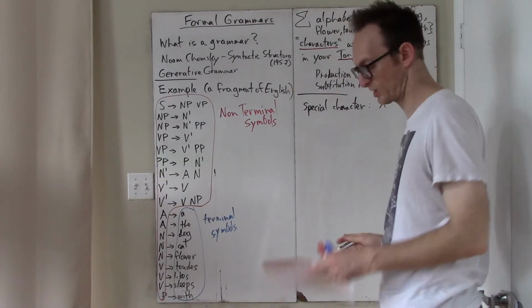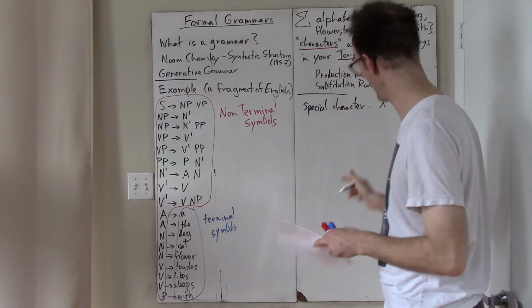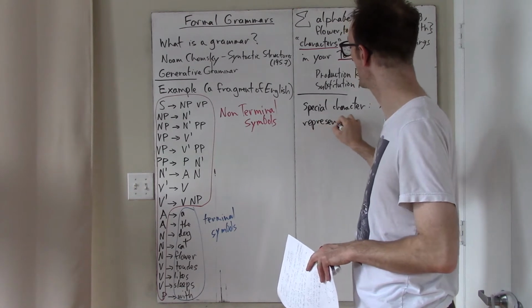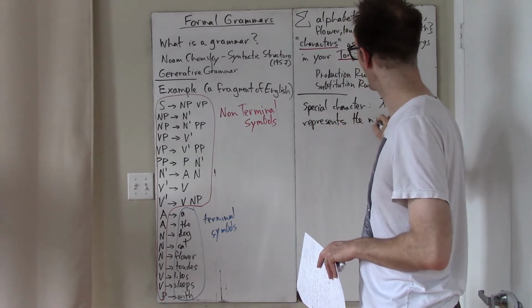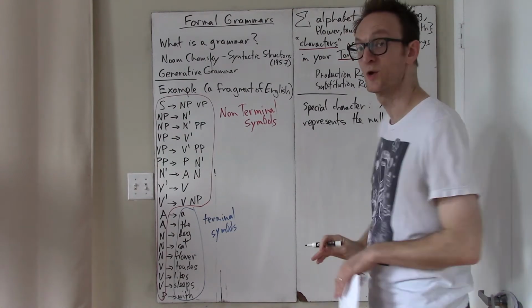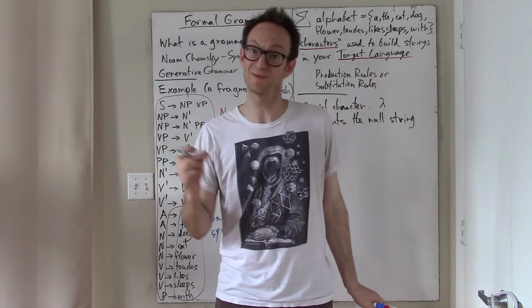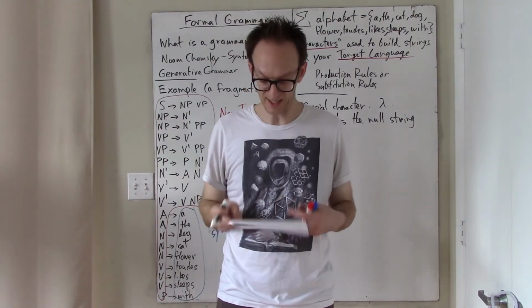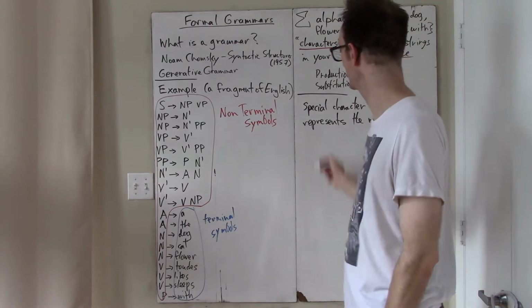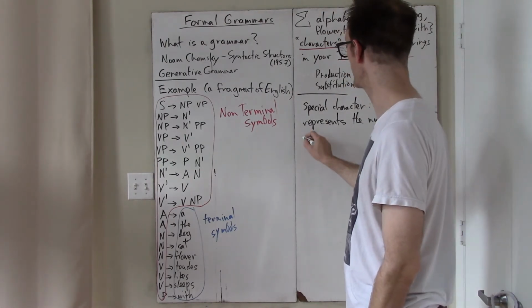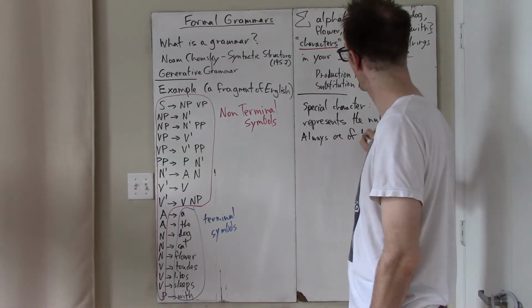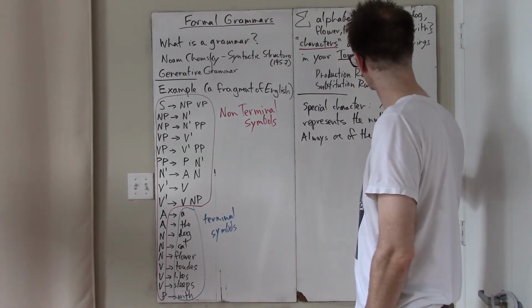My lambdas are kind of bad, but that's lambda, and this symbol represents the null string. The null string is just a string with no characters, a string of length 0. It comes up a lot, and I'll explain this again later maybe, but this null string is always one of the terminal symbols.